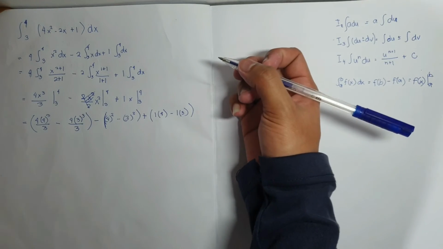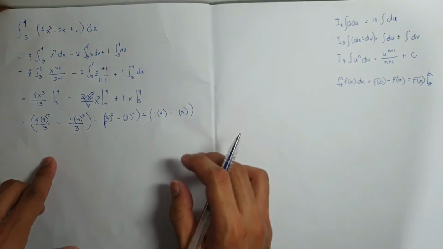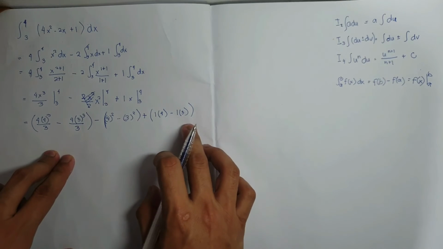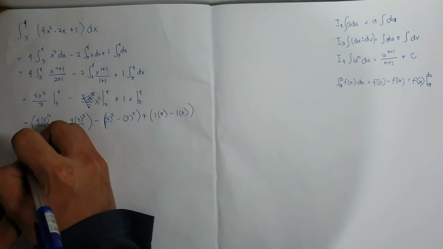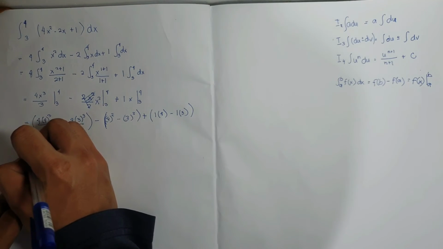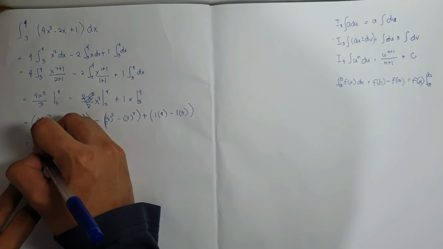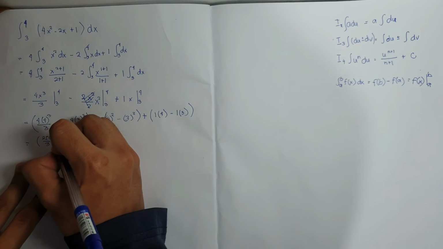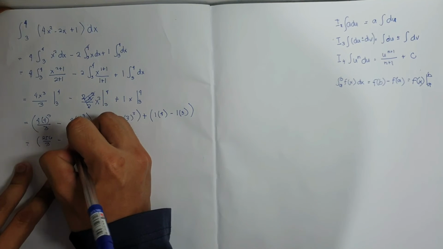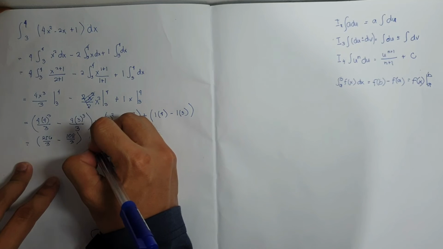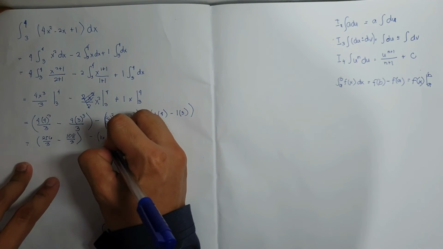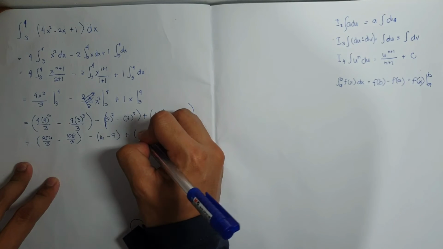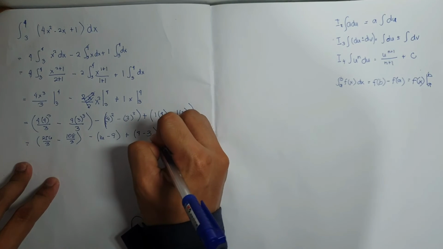Now we will simplify first the terms inside the parentheses. So now it equals 256 minus 3 minus 108 over 3 minus 16 minus 9 plus 4 minus 3.